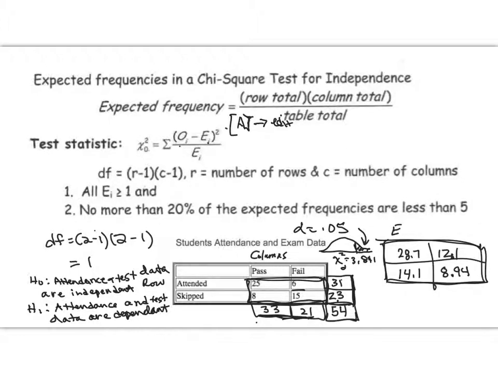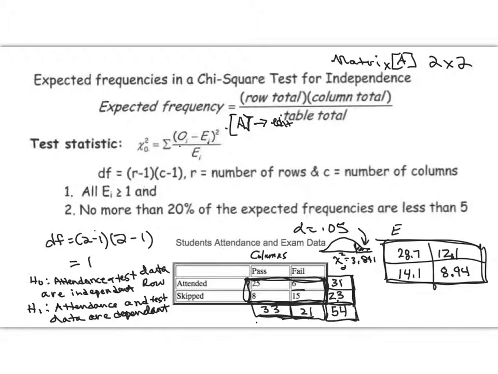Up at the top, you're going to change that so that it says 2 for 2 rows by 2 columns. So you should see across the top of your calculator, matrix A, 2 by 2. And it will open up a spot for you to enter in these pieces of data.